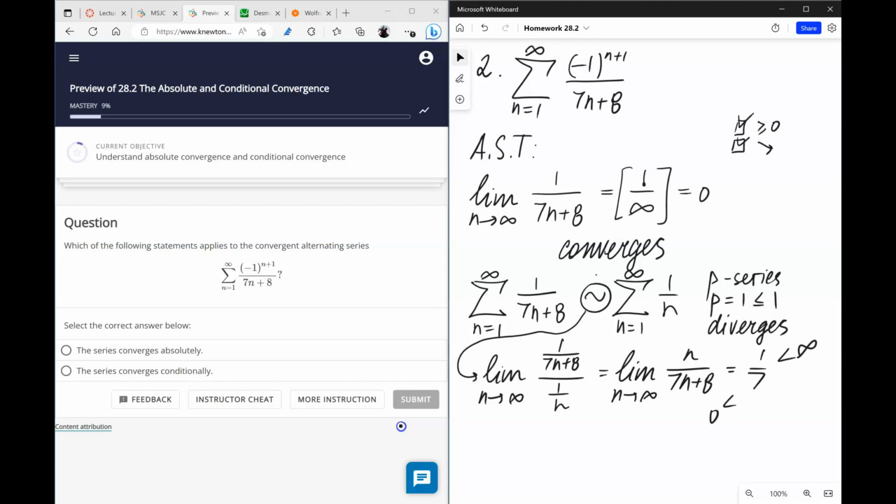So we established this equivalency, and now we conclude that this series diverges by the limit comparison test, and therefore the original alternating series converges conditionally.